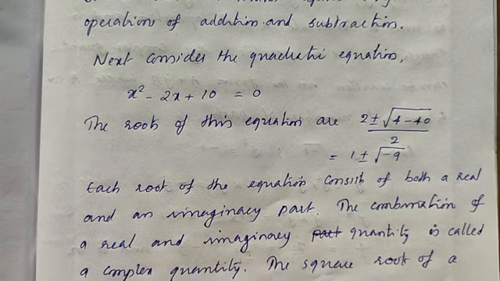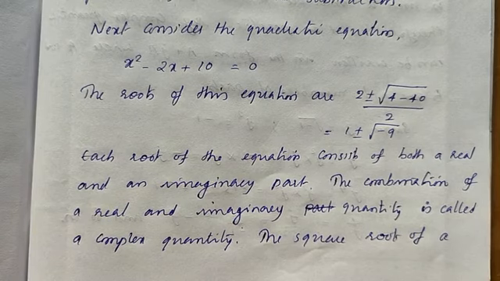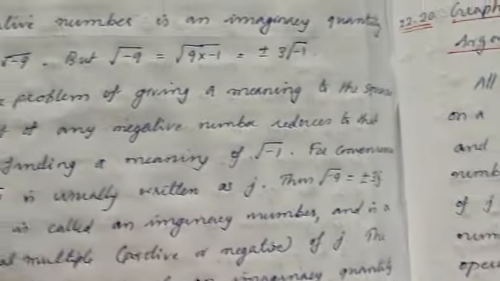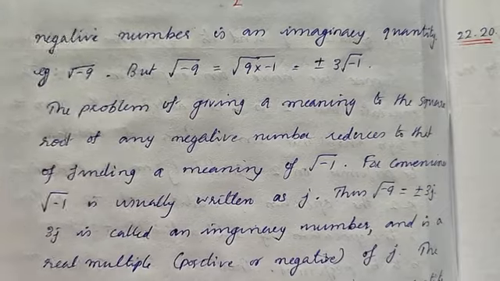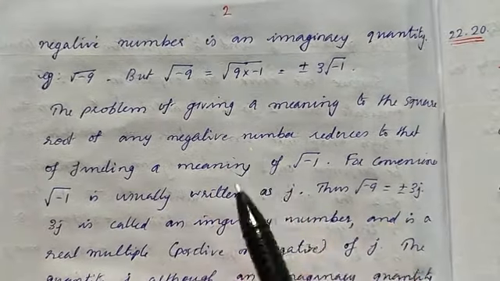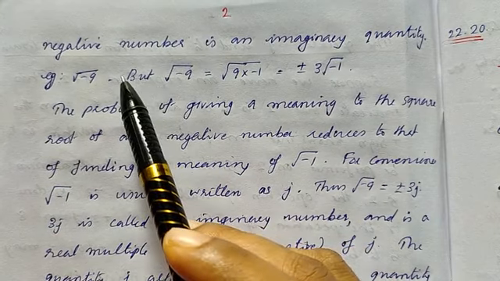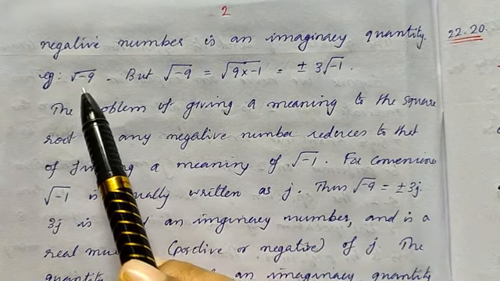So any quantity which is a combination of real and imaginary quantity is known as a complex quantity. The square root of a negative number is an imaginary quantity, so the square root of a negative quantity can be represented as an imaginary quantity.